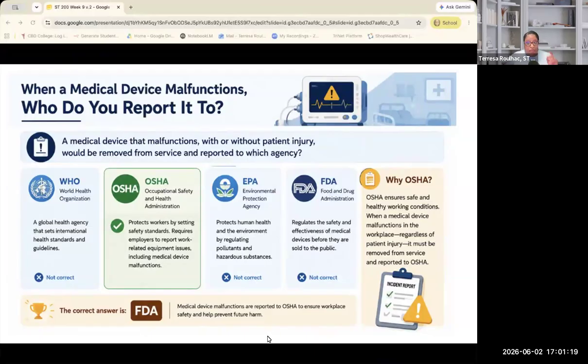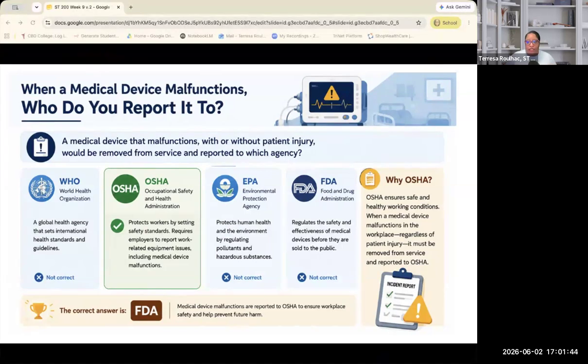Because of that responsibility, medical device malfunctions are reported through FDA reporting systems so that the agency can monitor what's going on with them, identify different trends, and determine if recalls or corrective actions are needed.